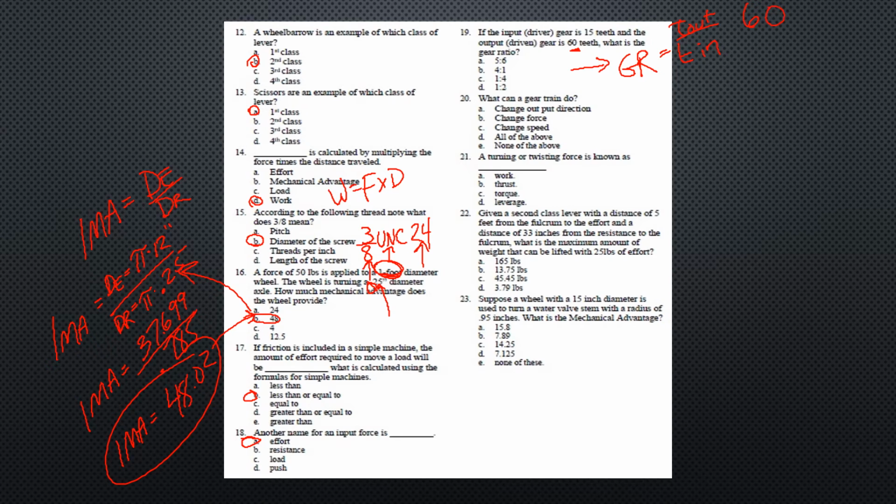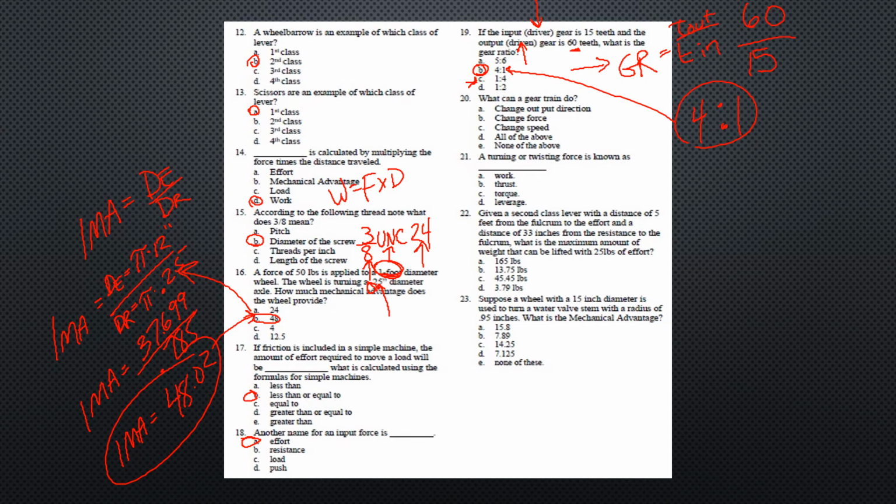So it's 60 over 15. 60 divided by 15 is going to be a 4. And that is going to give you the ratio of 4 to 1. Notice here, option C could easily be coming into play there. You need to make sure that you identify which one is the driver and which one is being driven.